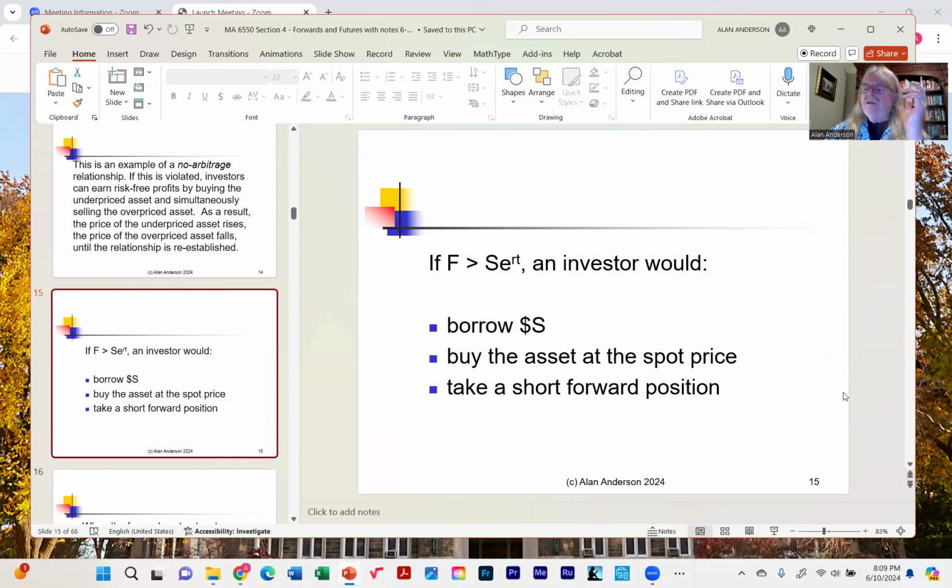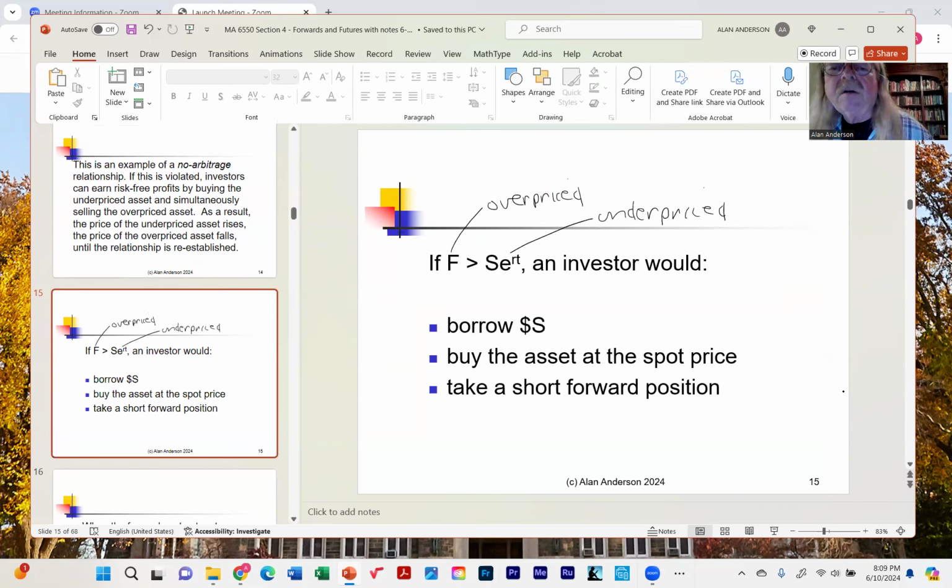What would you do? Remember, what's happening on the left implies that this number, the forward contract, is overpriced or too expensive, and this is underpriced. So we always buy whatever's underpriced.